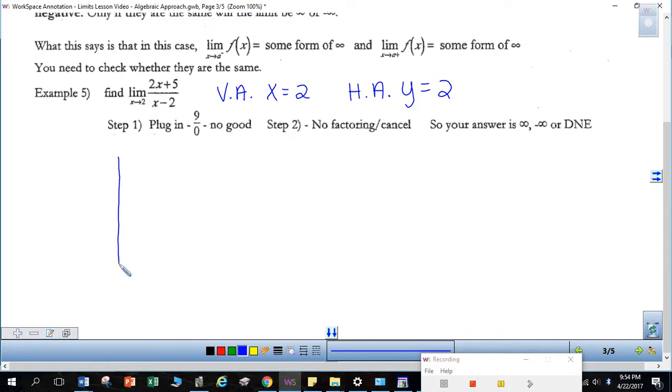So let's just think about what that graph would look like. If we were to sketch a vertical asymptote at 2, we'll do a horizontal asymptote at 2. And we're interested in knowing the limit. What are the y values approaching as x approaches 2, which is going to be right here.